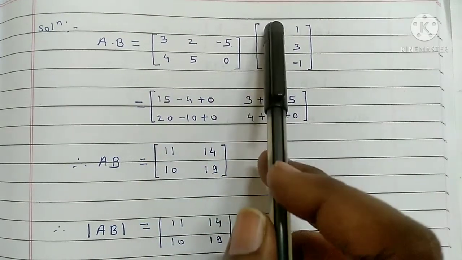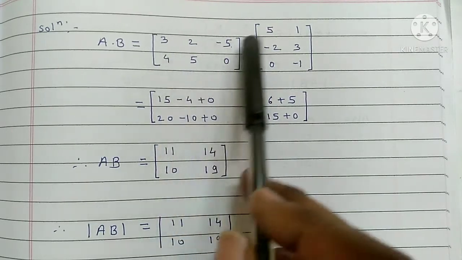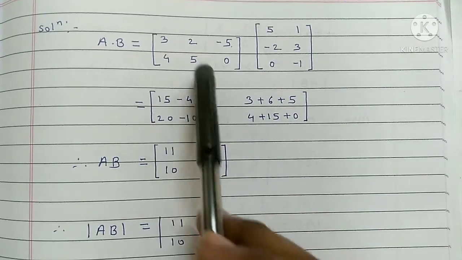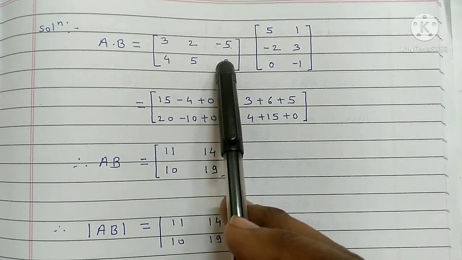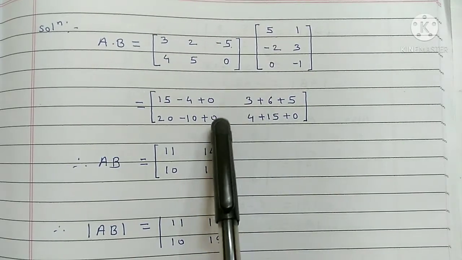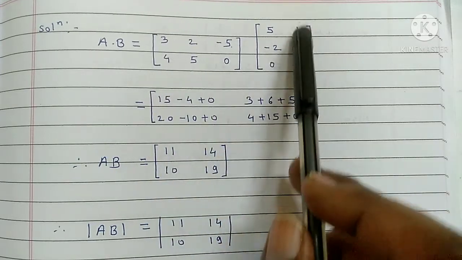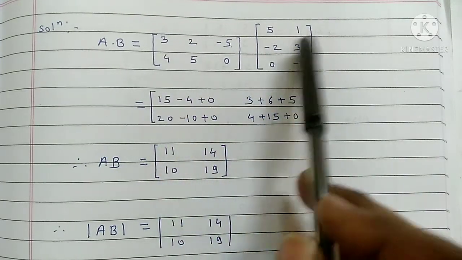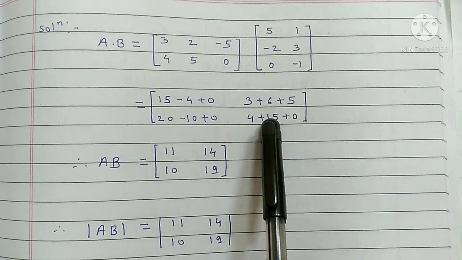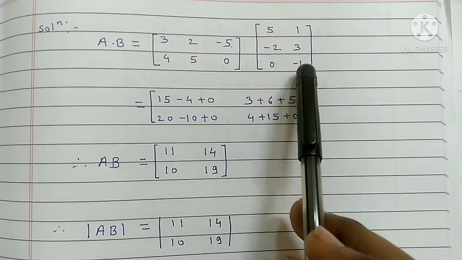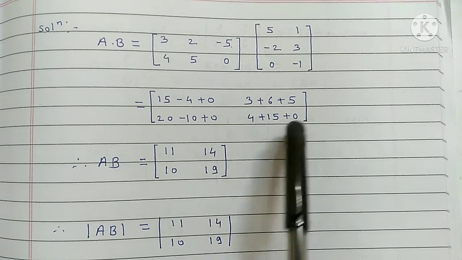Then second row, first column, 4 into 5, 20. 5 into minus 2 is minus 10. 0 into 0 is 0. Then second row, second column, 4 into 1 is 4. 5 into 3 is 15. 0 into minus 1 is 0.